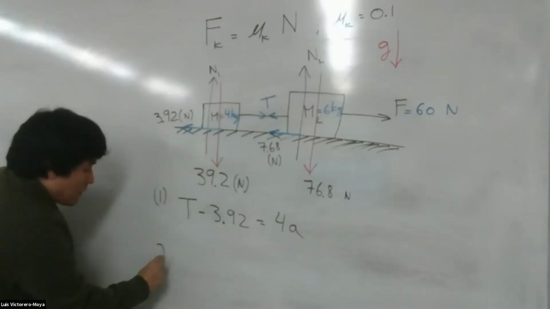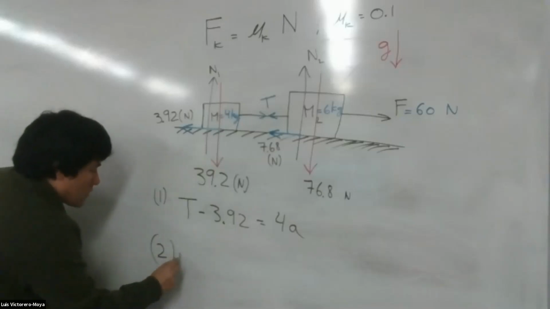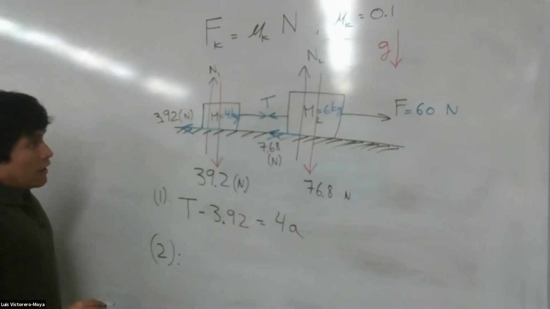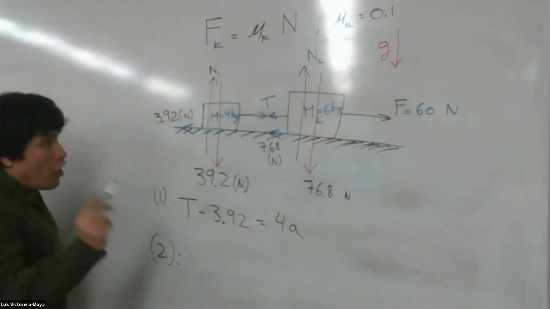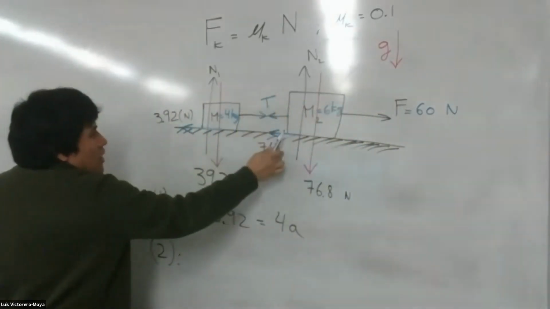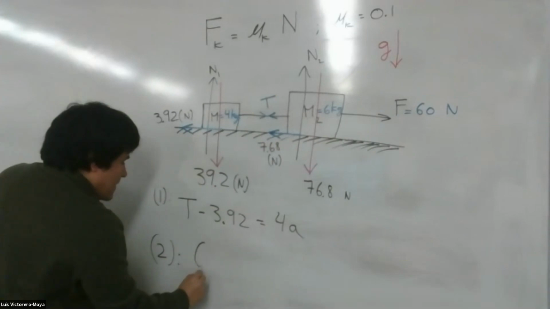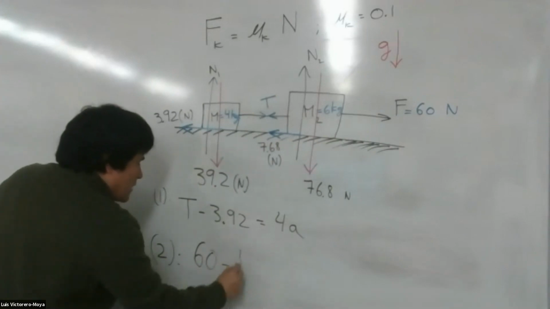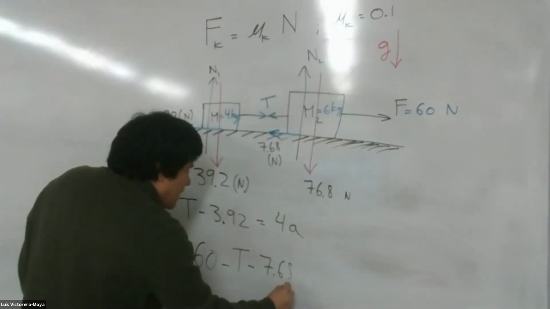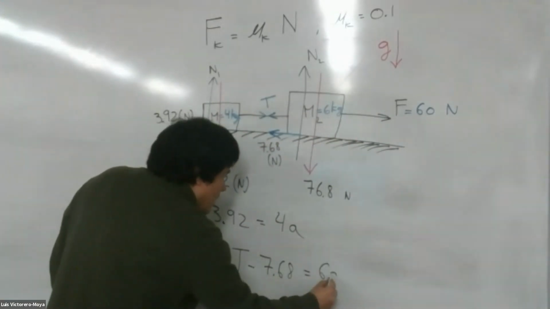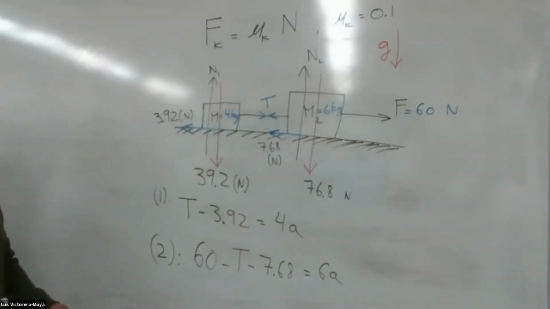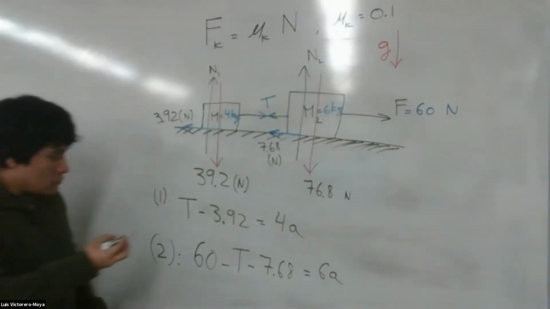And for mass number 2, the forces acting are 60, the tension, and this friction. So it will be 60 minus tension minus 7.68 equals 6a. So you have a system of 2 variables and 2 equations.